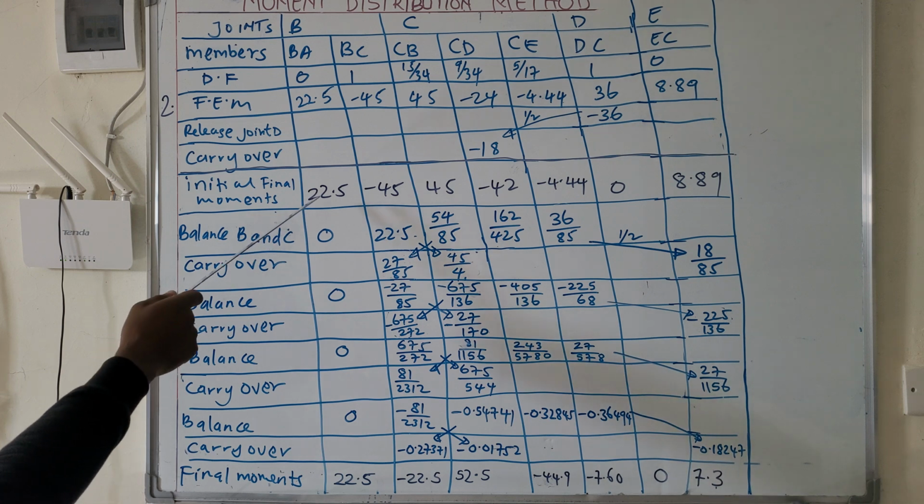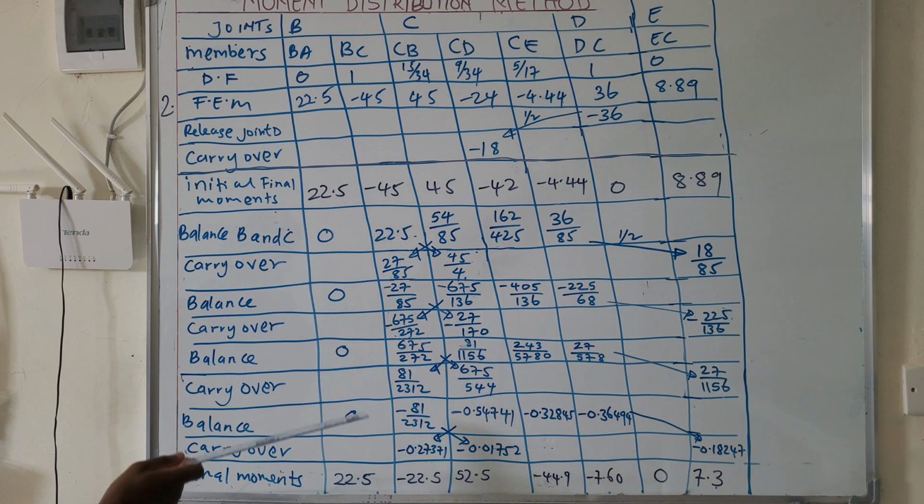For example, 22.5 plus 0 plus 0 plus 0 plus 0. We have positive 22.5.